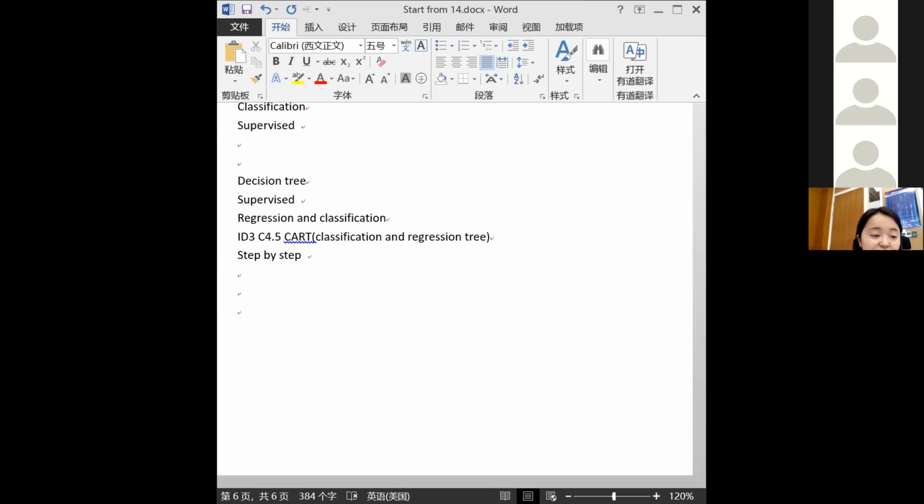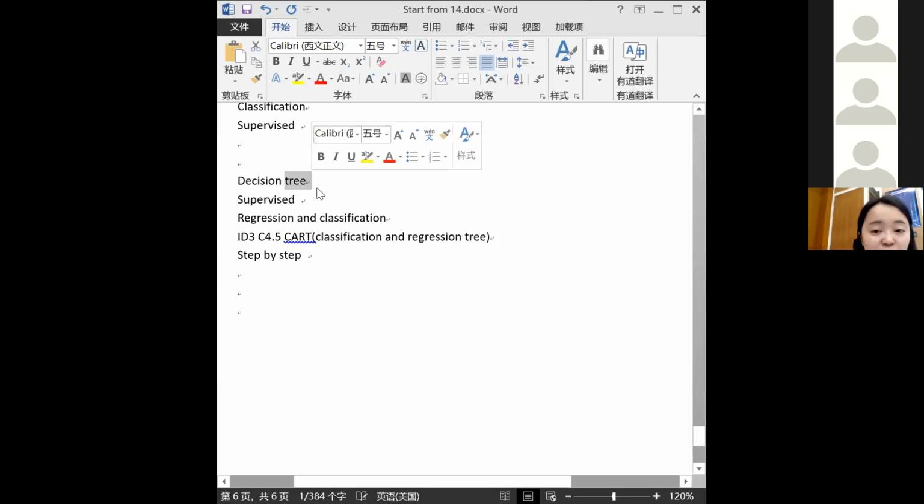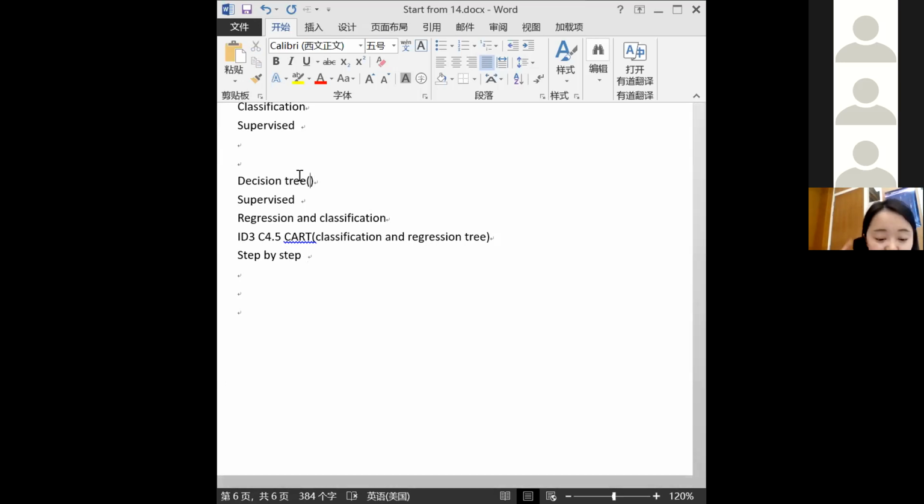So here, the name decision tree means it's a tree-like structure.